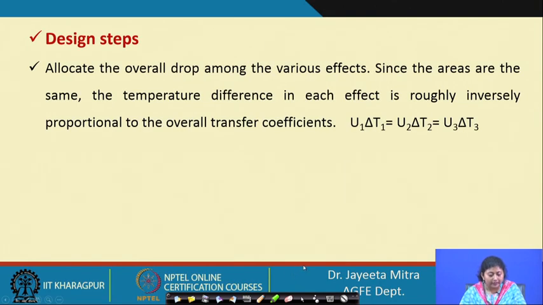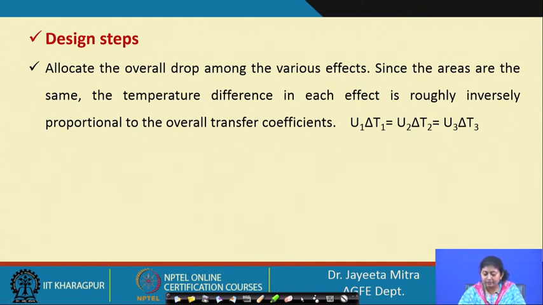Then allocate the overall drop among the various effects since the areas are the same. As I said, it will be a design consideration that the areas of all 3 effects will be the same. So, the temperature difference in each effect is roughly inversely proportional to the overall heat transfer coefficients.